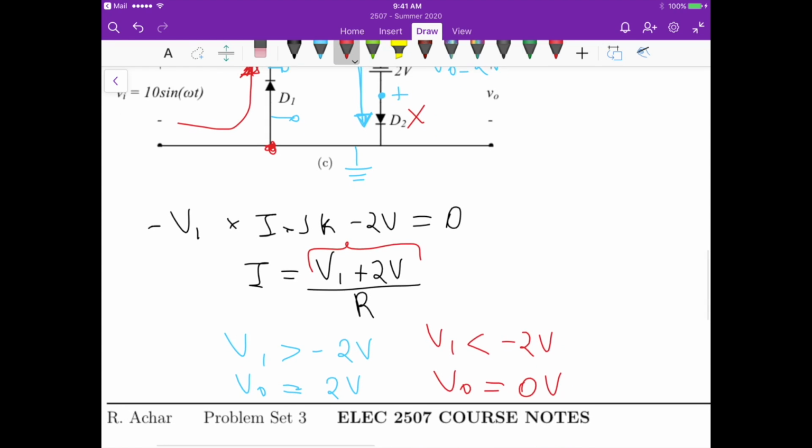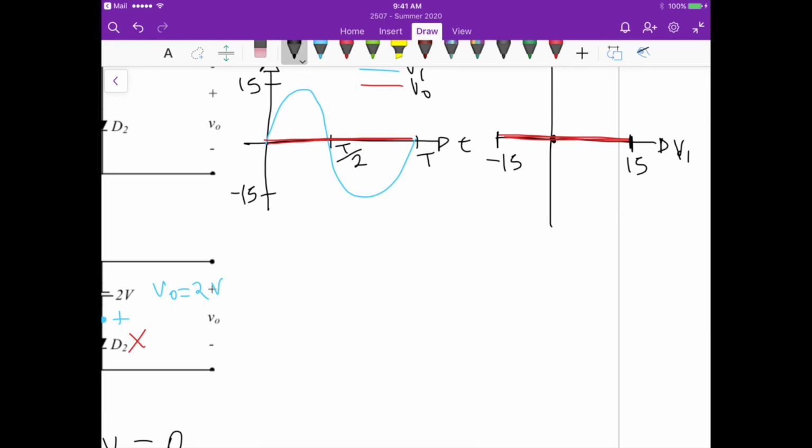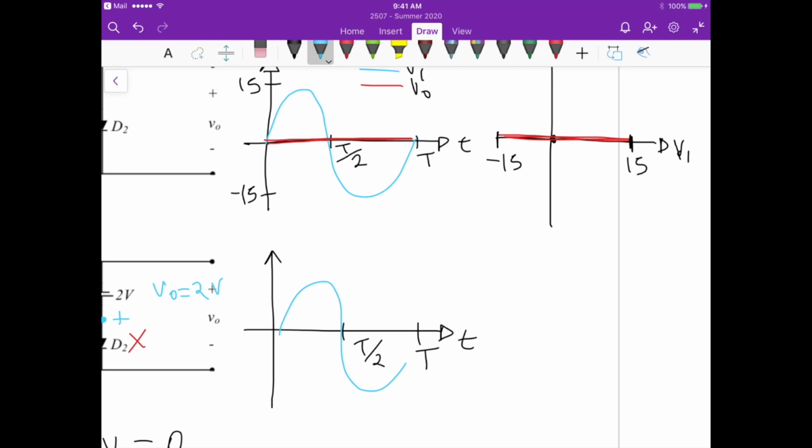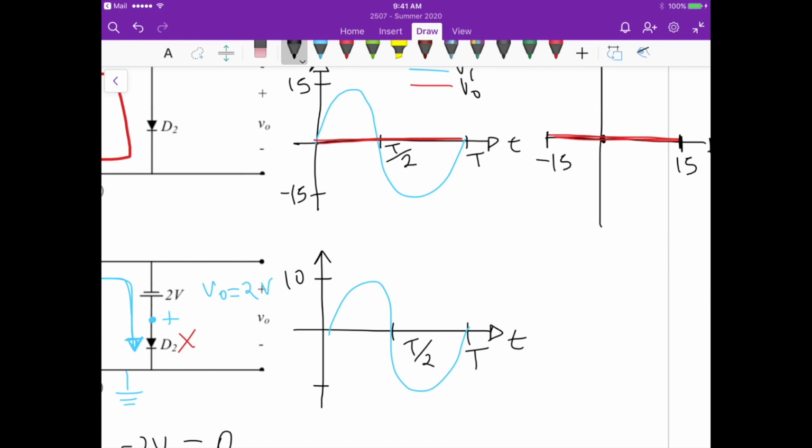Now let's plot this in the time domain using the waveforms. So this is time, again, T over 2. Then we have our input here. This is 10, let's say, yeah. This is minus 10. And there's another point of interest.